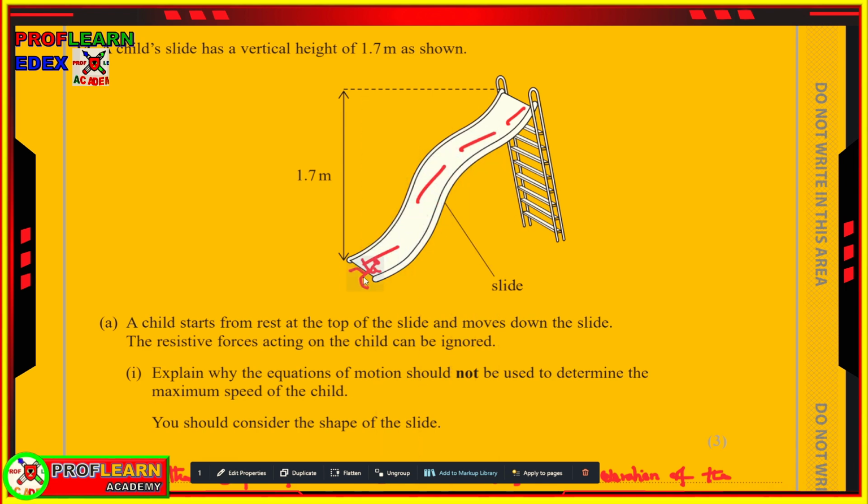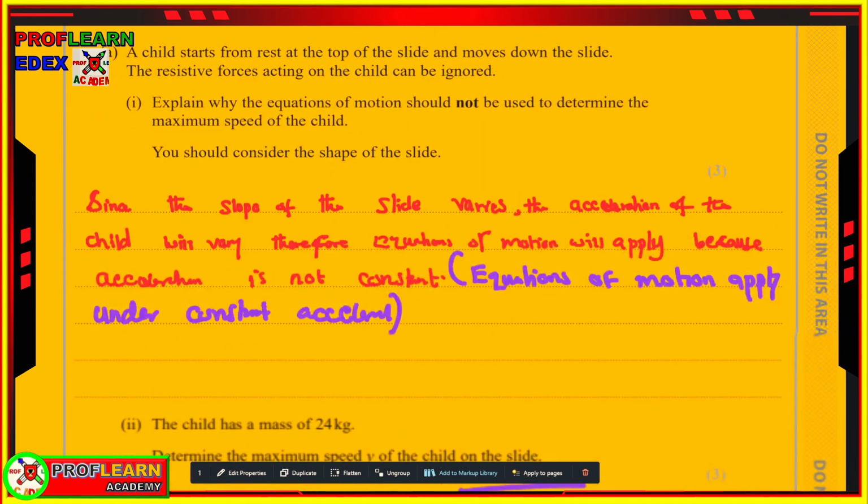So the acceleration of the child is not constant; it will be varying. In that way, we cannot apply the equations of motion, because the equations of motion only apply under constant acceleration.